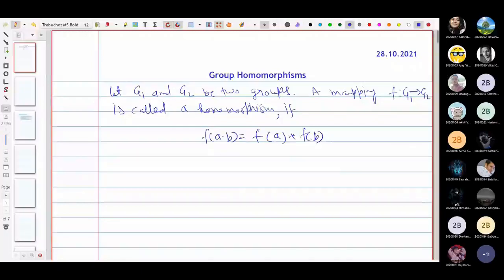This should hold for all a, b belonging to the group G1, because G1 is the domain of f.